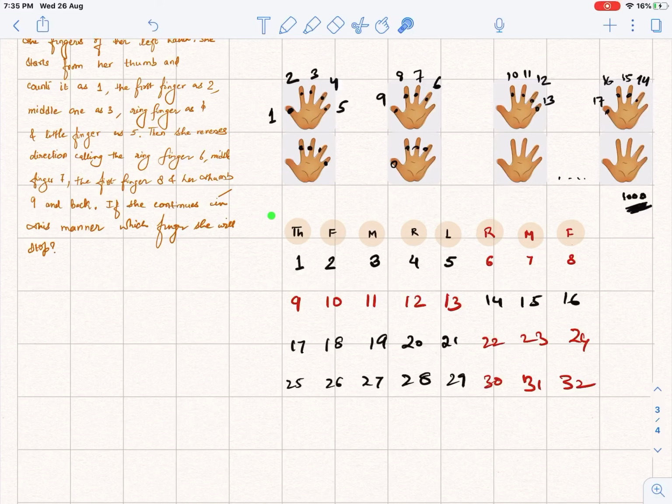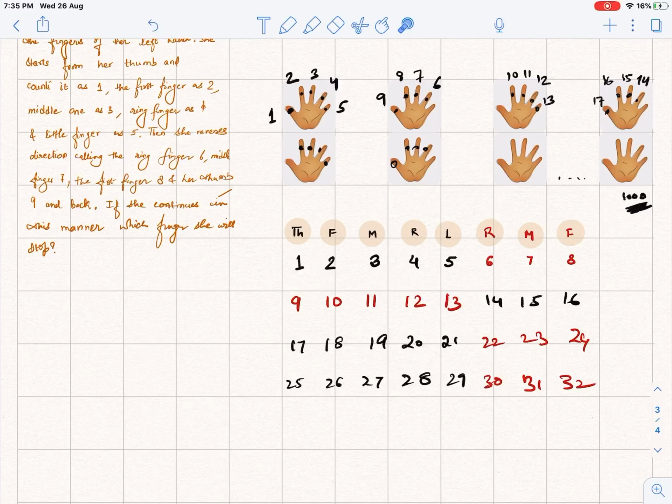Now you can look at this series itself and see if there is a pattern somewhere that you can use to find the 1000th finger. It's difficult to see a pattern here, especially because the numbers are different. 3, 11, 19, 27 doesn't seem to have a pattern.